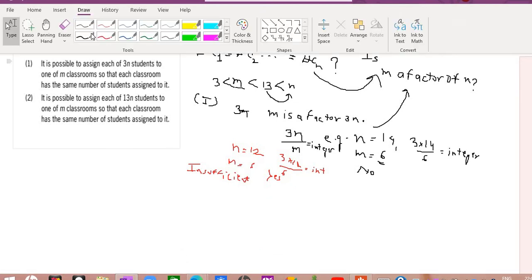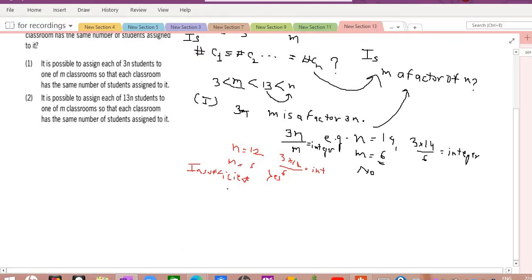Now, let's move on to statement 2 and see what is given. Your statement 2 says it is possible to assign each of 13n students to one of m classrooms so that each classroom has the same number of students. So in short, it is saying that m is a factor of 13n.